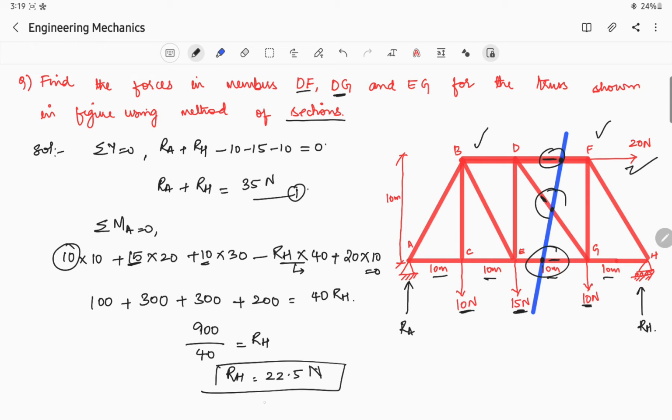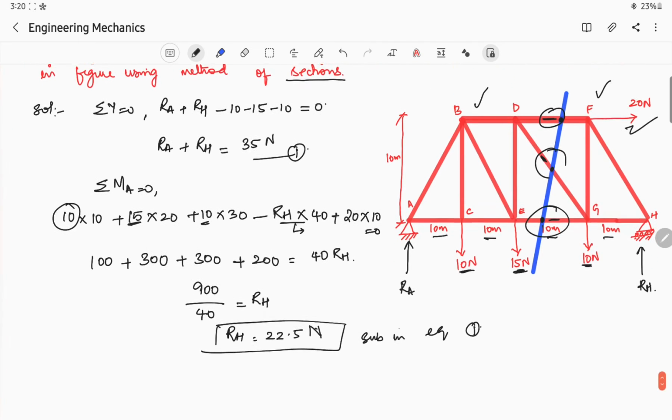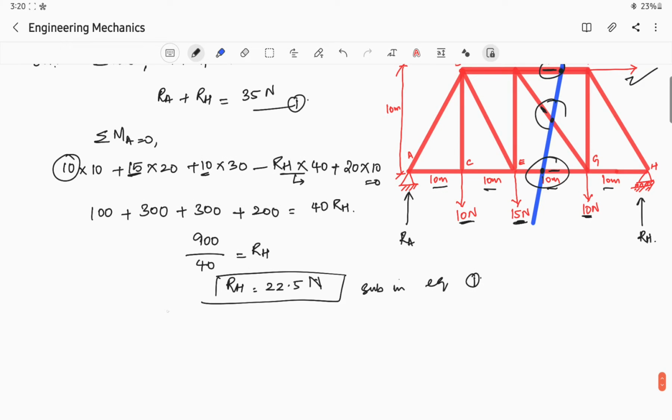Now substitute the value of RH in equation number 1. If we substitute RH is equal to 22.5 in equation number 1, we get RA plus 22.5 is equal to 35.